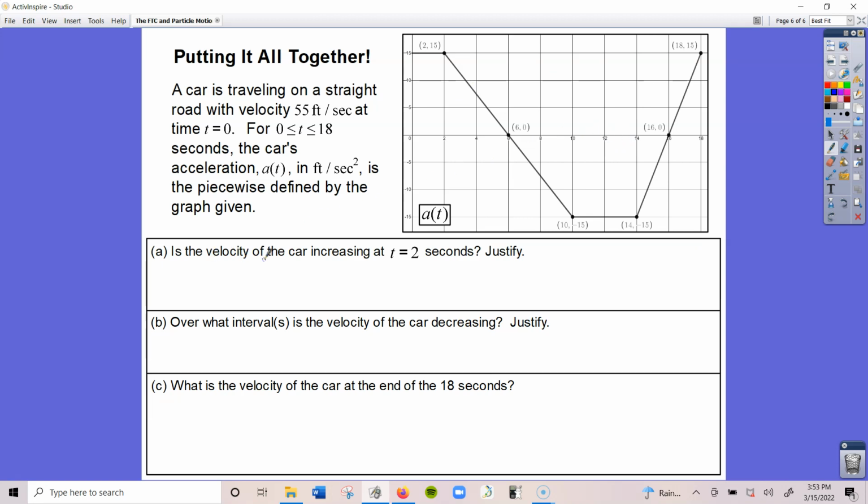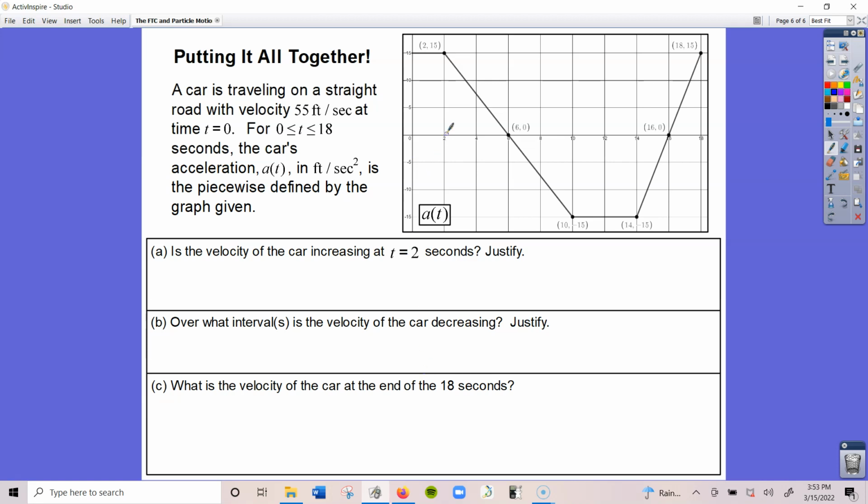Is the velocity of the car increasing at t equal to 2 seconds? And justify. So velocity will be increasing if a of t is greater than 0, since a of t is the derivative of velocity. And remember that to find if a function is increasing or decreasing depends on the sign of the derivative.